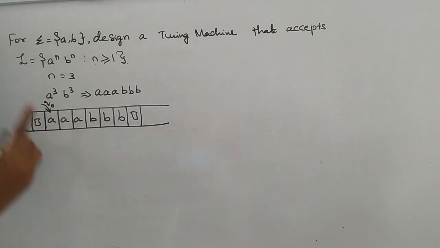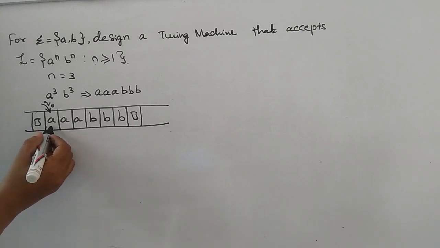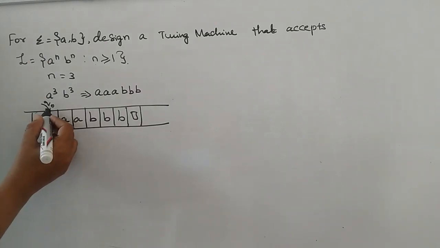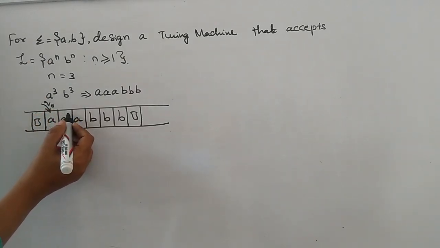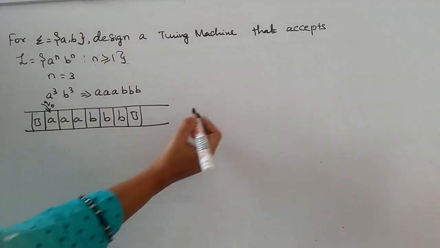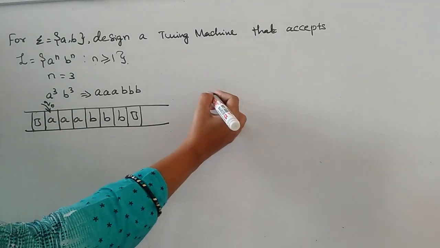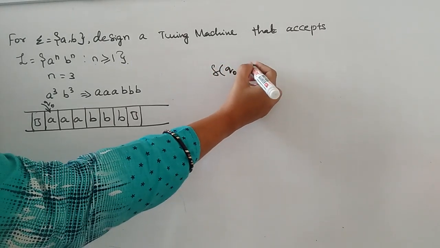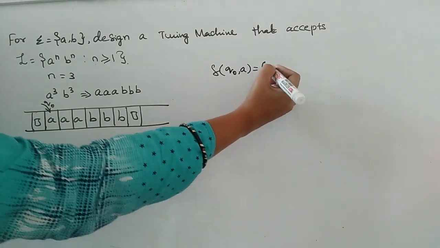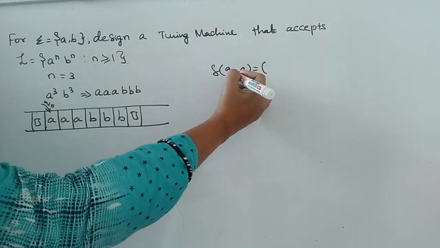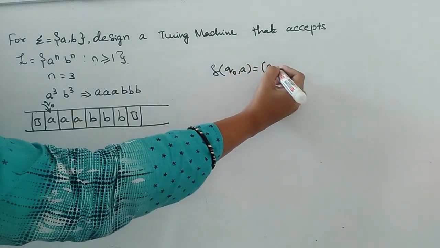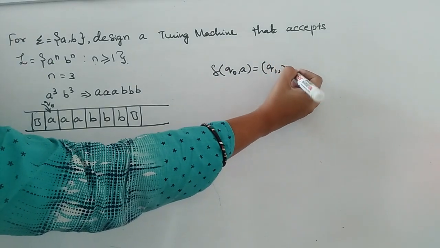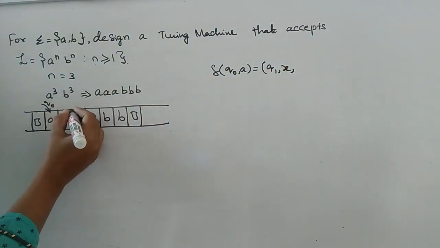By that time, if the symbol a is encountered for the first time, I am going to replace the symbol by the symbol X, and then move my read write head towards right. So I can write the transition here as delta of q0 comma a equals q1 comma X comma R. From the state q0 the machine will shift to the state q1, a will be replaced by the symbol X, and the read write head is moved towards right.